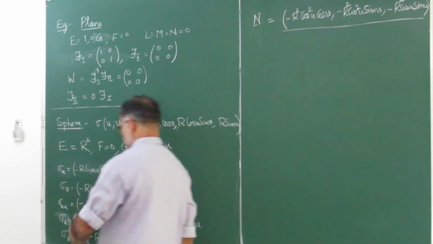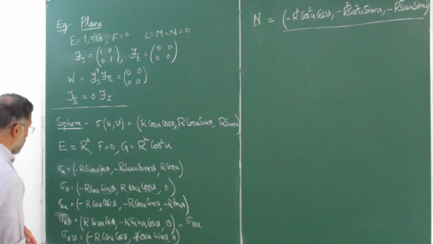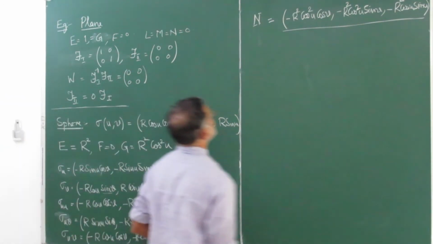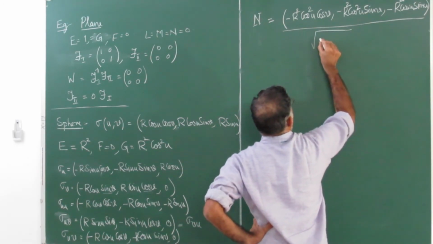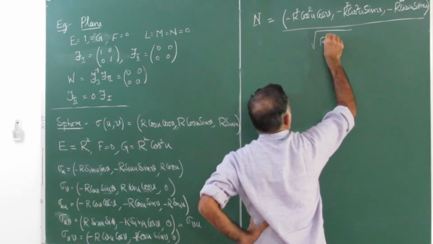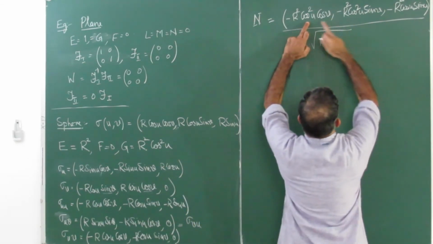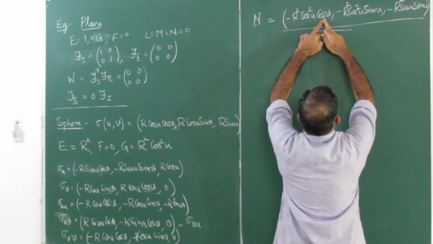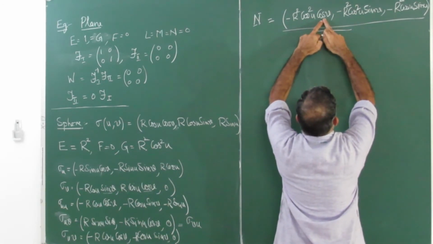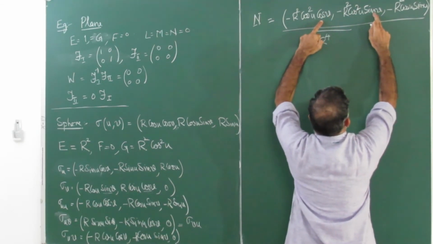So let us just compute the norm of this, the square root of whatever we get, the norm of that vector. So let's look at this. R raised to 4 is a common factor. And what do you get? Cos square u is common here. So cos raised to 4 u and cos square u plus sin square u.